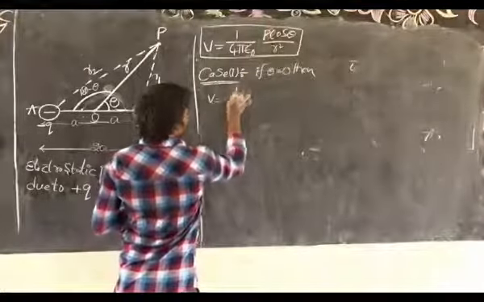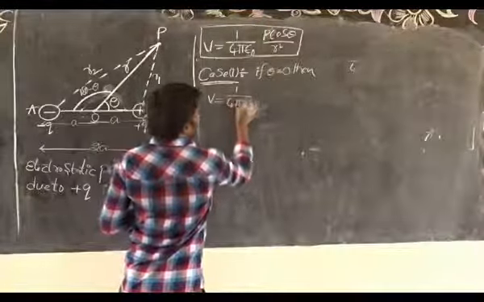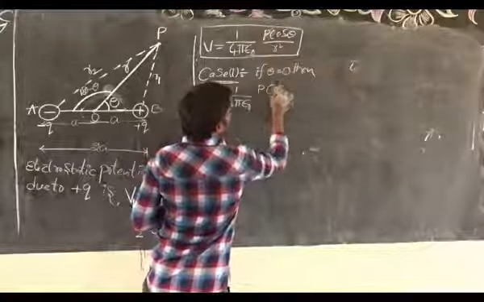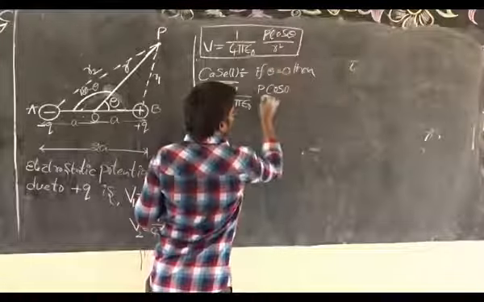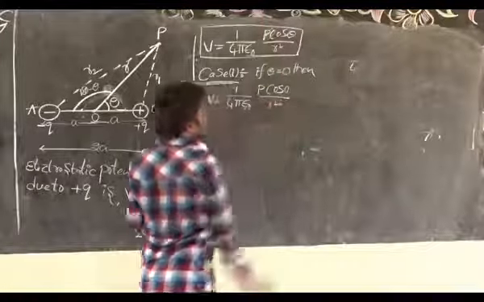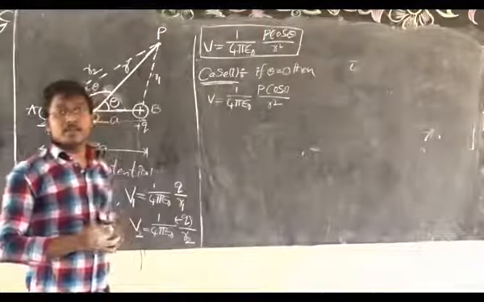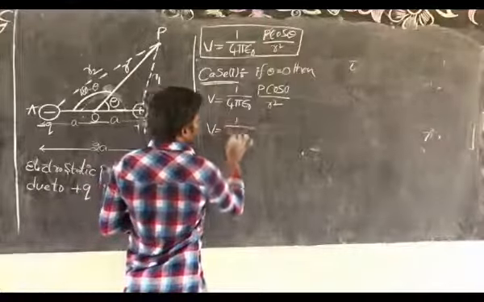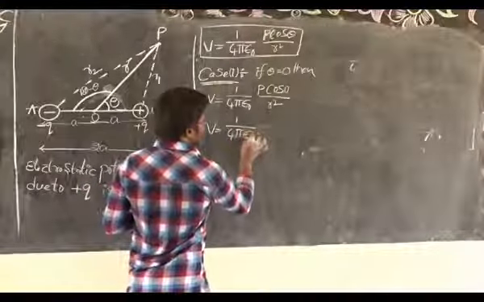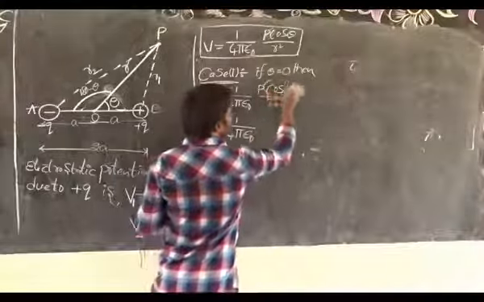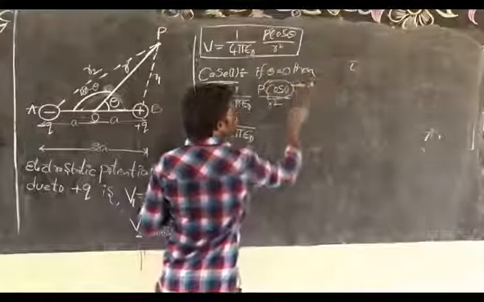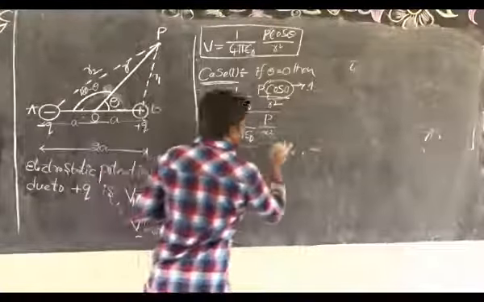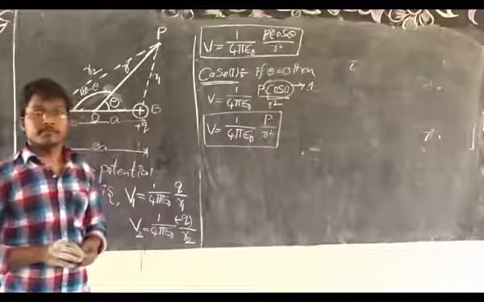V is equal to 1 by 4 pi epsilon naught into P cos 0 by r square. Cos 0 value is 1. So V is equal to 1 by 4 pi epsilon naught into 1, so here P by r square. This is the first case.